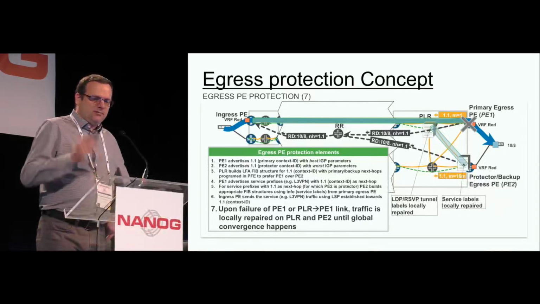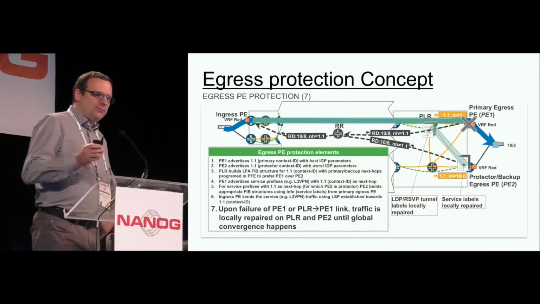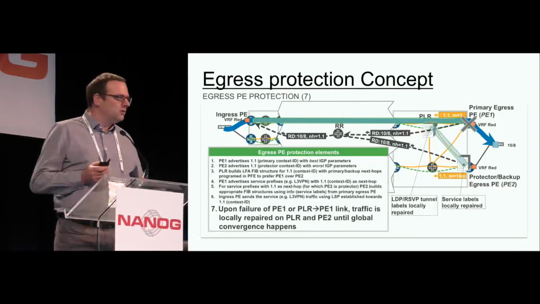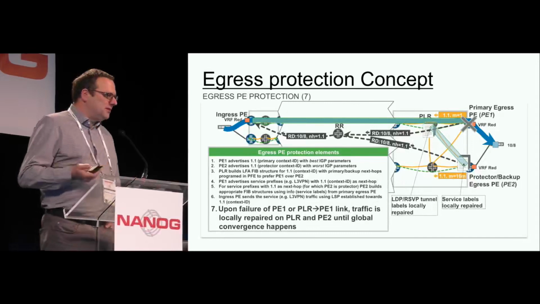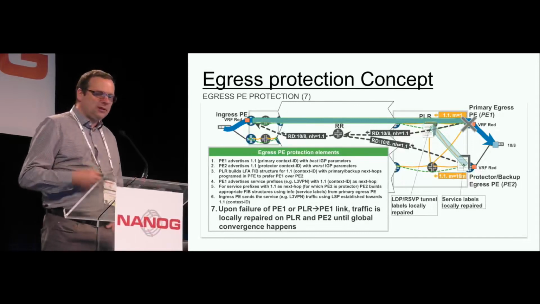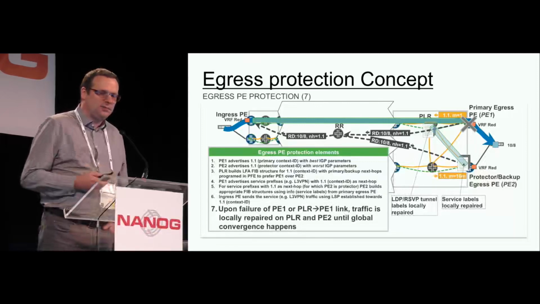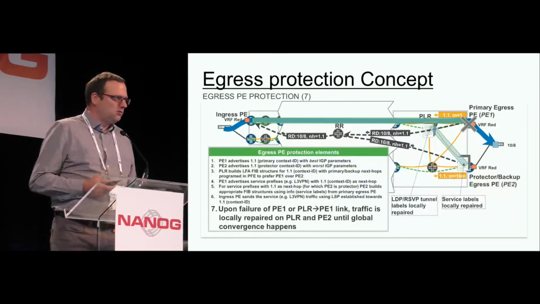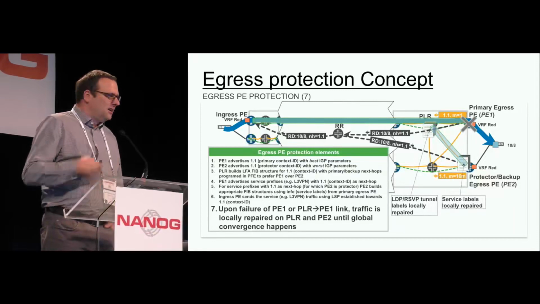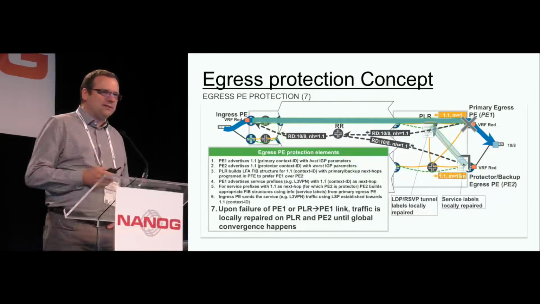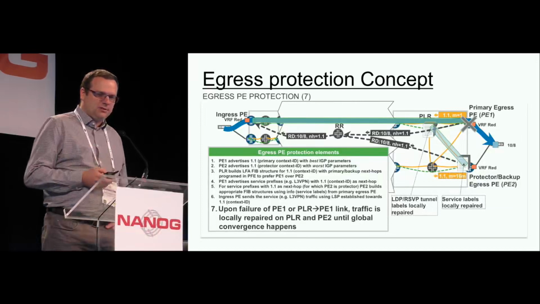So the redirected traffic arrives at the protector, for example with this label 26 that was allocated by the protector, and the protector knows that this is redirected traffic, not the normal traffic that the backup PE should normally receive. It then uses the RIP FIP structure that was prepared before to handle this traffic and send it to the local CE.